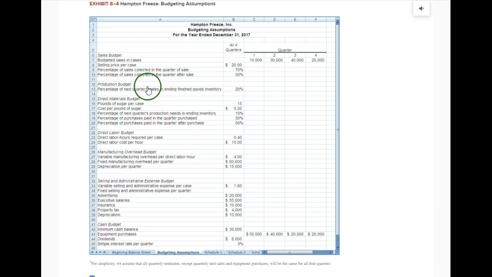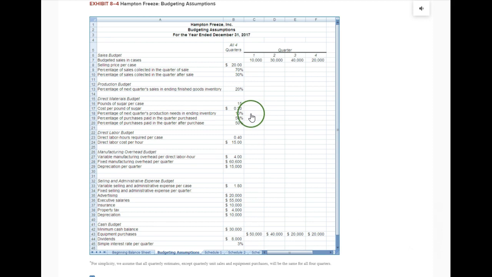This shows us in the production, we want to have in finished goods inventory 20% of the next quarter's expected sales. So when you end a certain quarter, like the first quarter, you want to have 20% of what you're going to need in finished goods that you plan to sell in the second quarter. And in the production area, pounds of sugar per case, 15 pounds, 20 cents a pound.